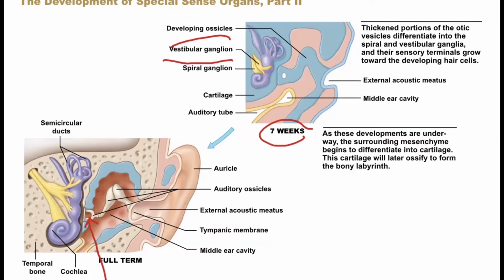This is the temporal bone here. Your tympanic membrane is right there. That's your eardrum. Your external acoustic meatus is your opening to the ear. Your auricle is the soft tissue of your ear. And those are the 3 ossicles. Remember, the stapes, the incus, and the malleus are the 3 auditory ossicle bones of the ear.